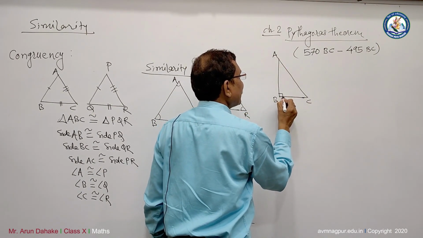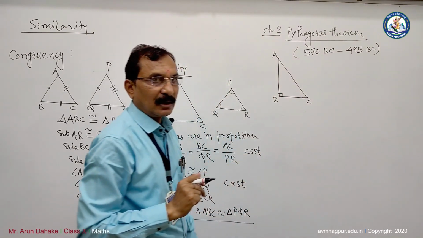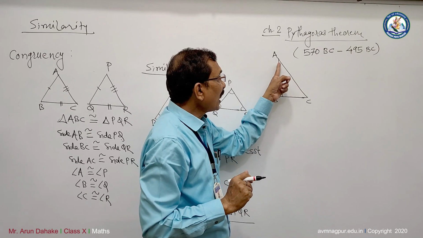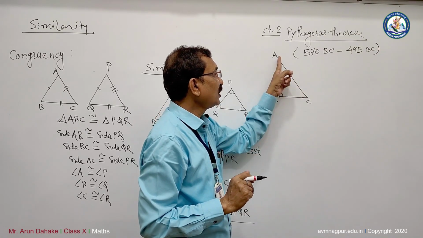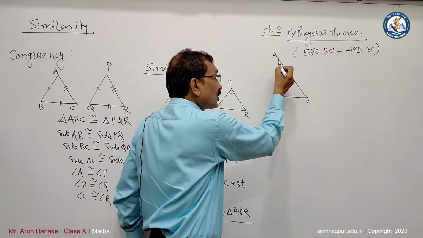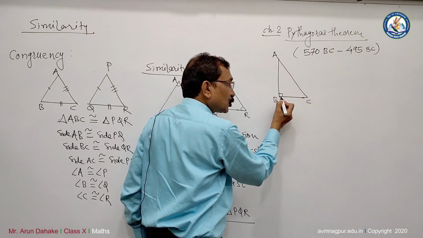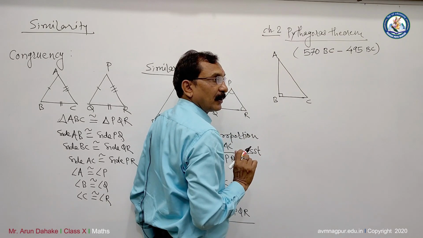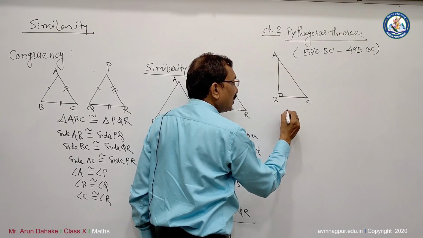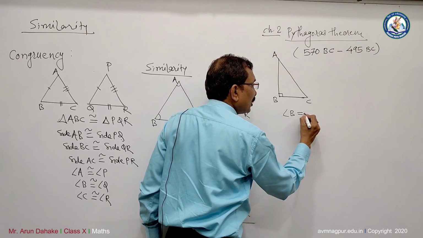Now when we say triangles, they have 3 sides, 3 angles and 3 vertices. But out of the 3 angles, one angle should be 90 degrees, and that's why it is called a right angle. Angle B is equal to 90 degrees.